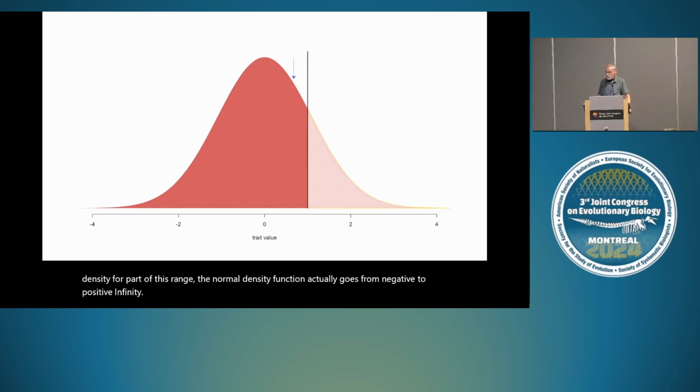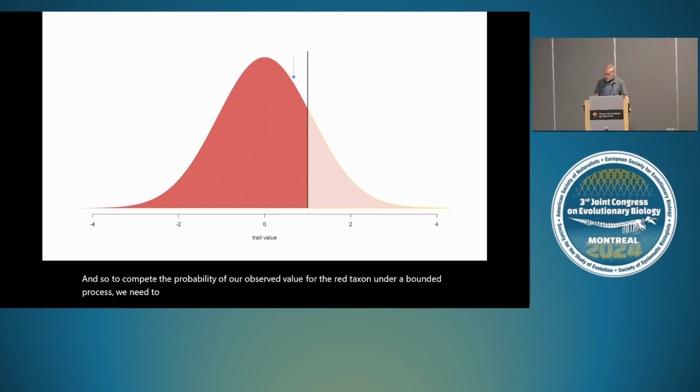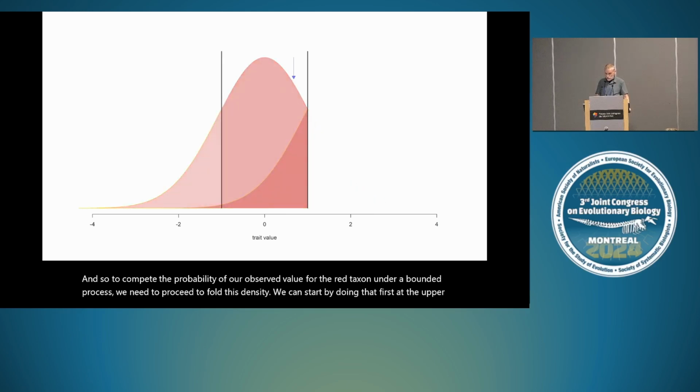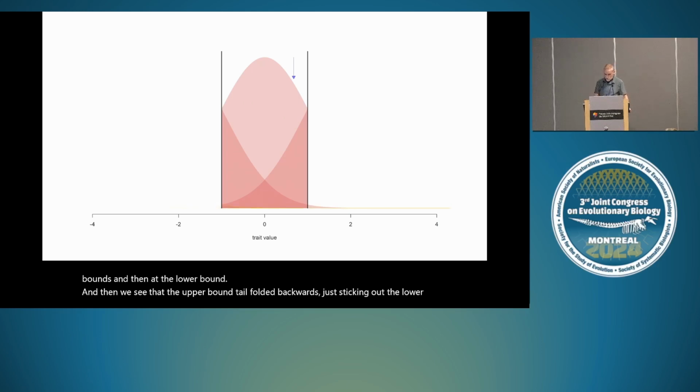To compute the probability of our observed value for the red taxon under a bounded process, we need to fold this density. We can start by doing that first at the upper bound, and then at the lower bound. Then we see that the upper bound tail folded backwards is sticking out past the lower bound, so we need to fold that back in, and then we fold the other one, and so on.